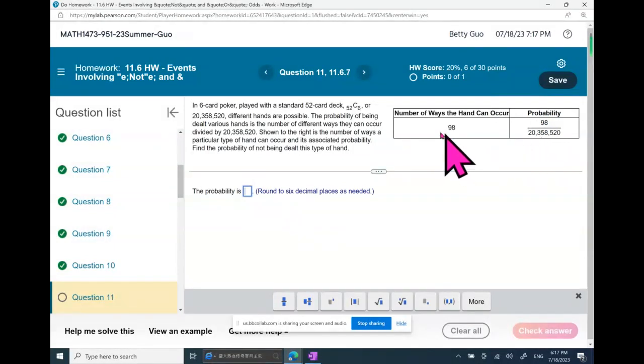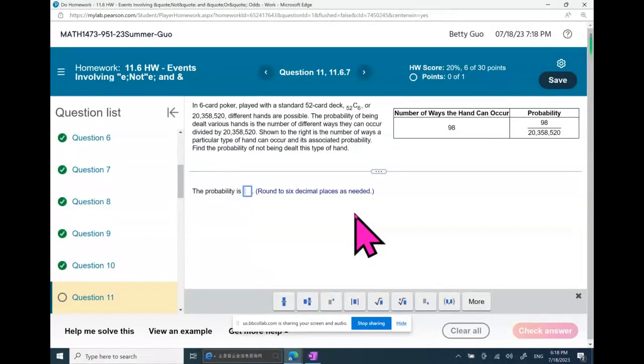This is the number of ways the hand can occur, and the corresponding probability is that. We are looking for the probability of not being dealt this type of hand, so just use 1 minus the probability. And even better, we are submitting the answer as a decimal. So this is what we do.